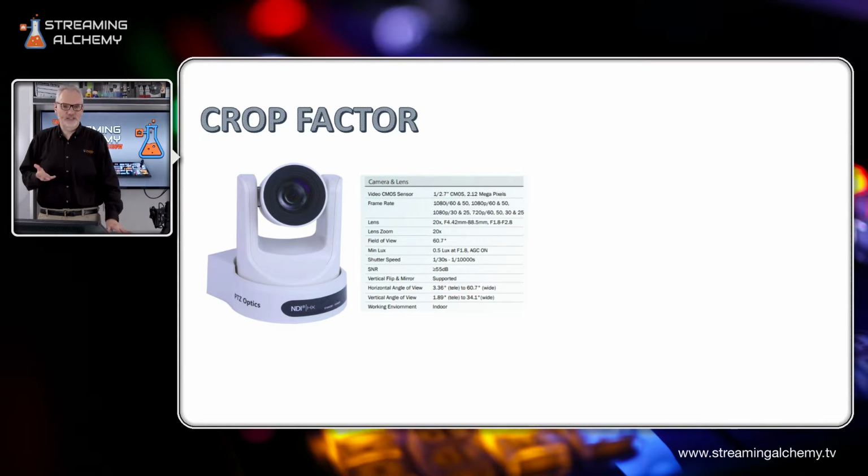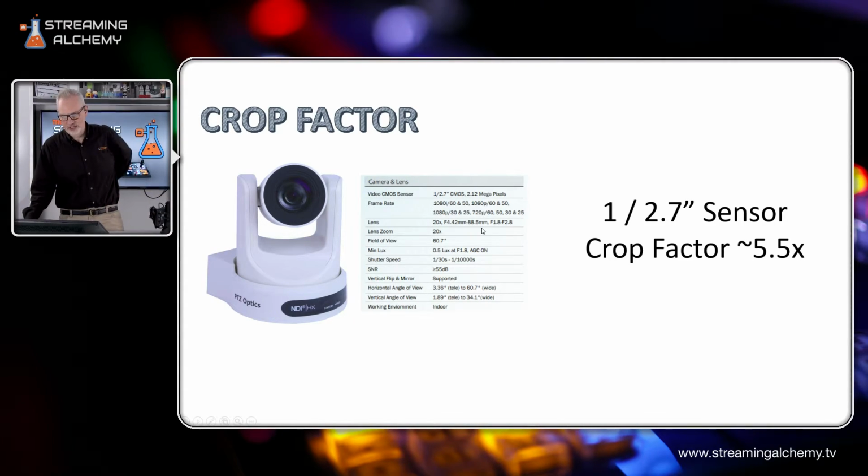And what the crop factor is, it's telling you what multiplier to use. I will take these numbers you see here and multiply them by 5.5 to understand what is the real field of view I'm going to get from this camera when it's all the way zoomed out and all the way zoomed in, compared to what I would expect on a full frame sensor camera.